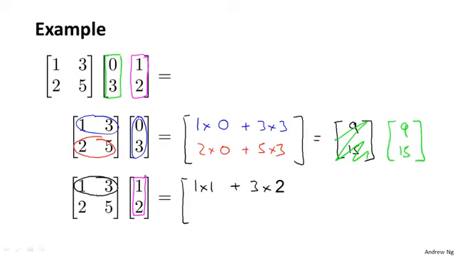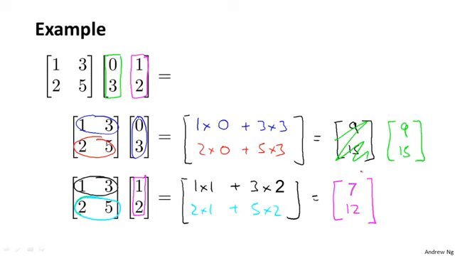And let's do the other one. That's 2 times 1 plus 5 times 2. And so that is going to be equal to, let's see, 1 times 1 plus 3 times 1 is 4. And 2 times 1 plus 5 times 2 is 12.